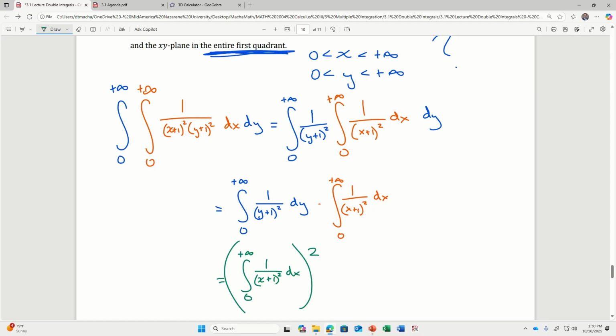I guess it's an improper integral, right? So this is a single calculus 2 type problem where you do a single integral with a single variable and then you square it to get your answer. Okay, that's it. Y'all have a good day.